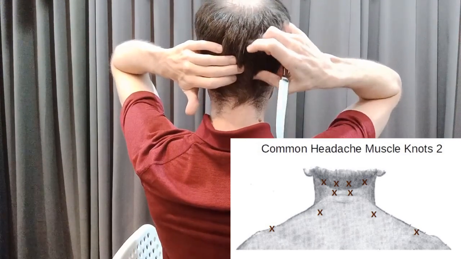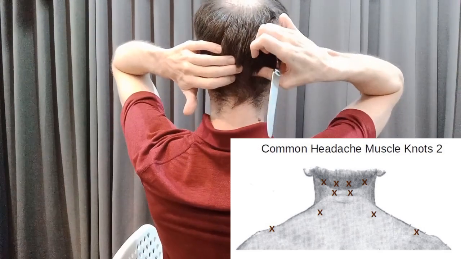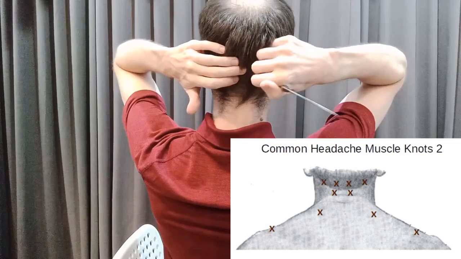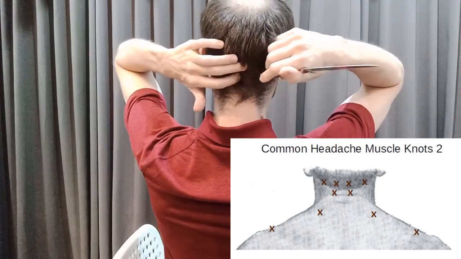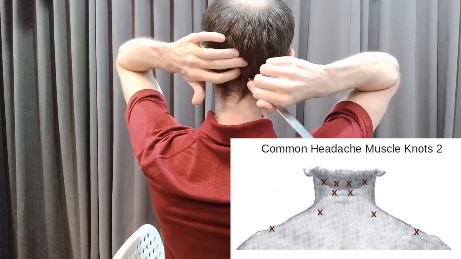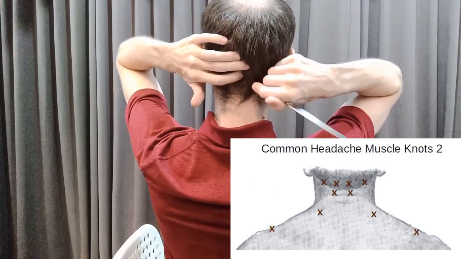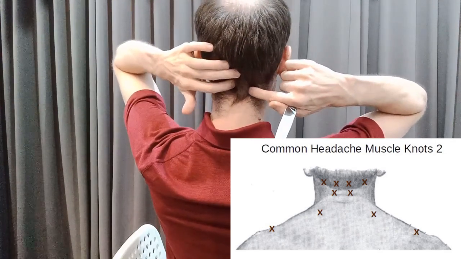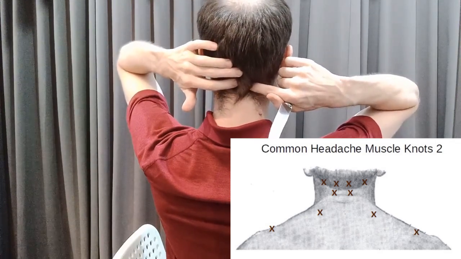Just on the inside of this corner, and you want to be pushing up into the skull, there's sometimes one there. There's sometimes one between the skull region and the spine, in that corner. And there's sometimes one on the spine, just a little bit lower, maybe an inch lower.